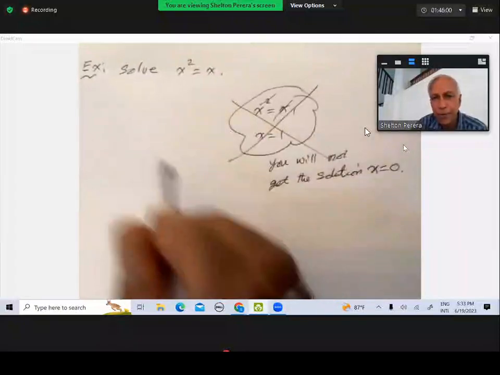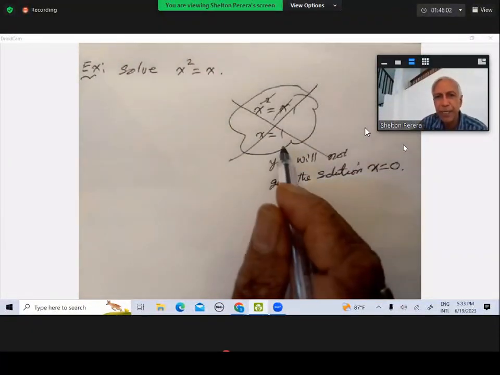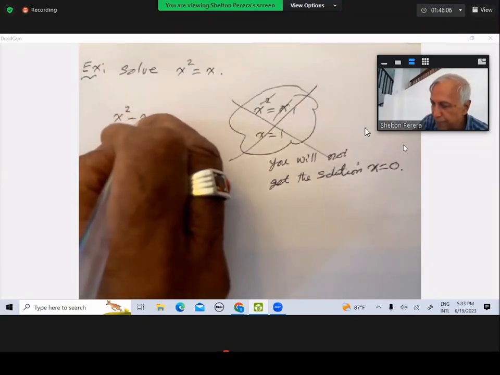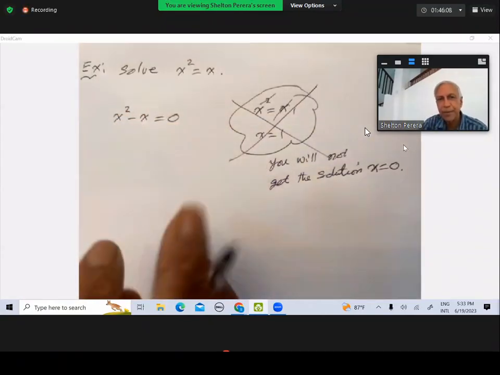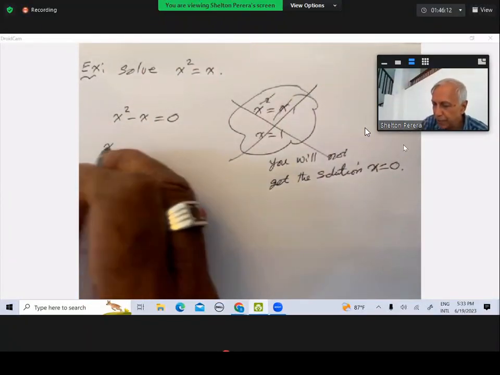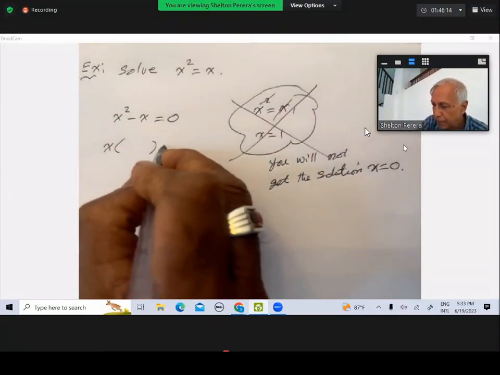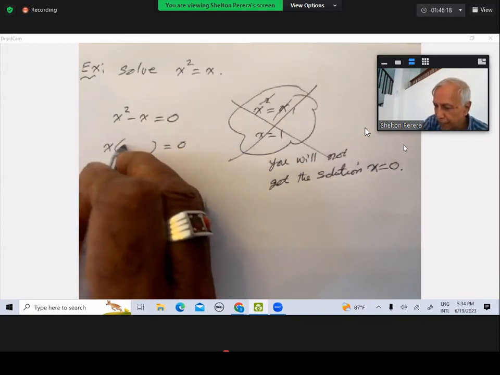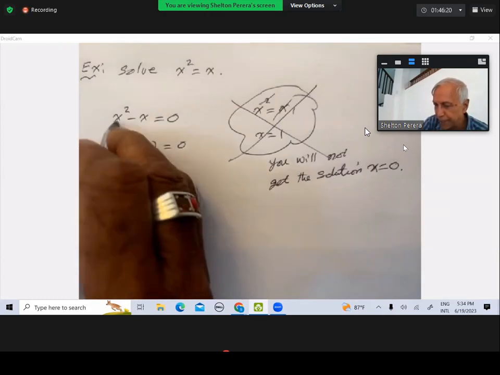So how do you solve? If this method is not good, you have to take x squared. Consider x squared minus x equal to 0. Take x to the other side. Now you can factor x out. What's going to be inside the bracket? To make x squared, this should be x. X times x is x squared.